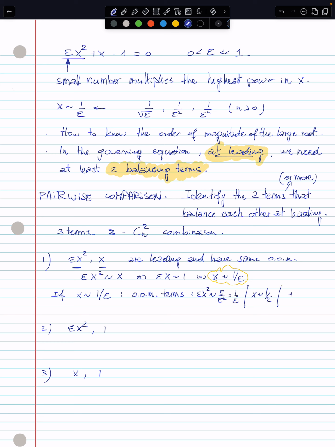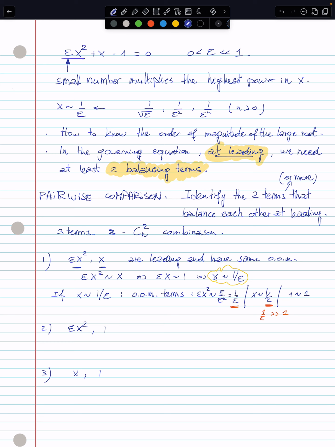And the last one is 1, of course. And so we do observe that who is leading? This is leading, this is leading, because 1 over epsilon is much larger than 1. All right, so we were right. We were right to say that these two could balance each other, and this is a solution that we could keep. And in that case, the order of magnitude of the equation is 1 over epsilon.